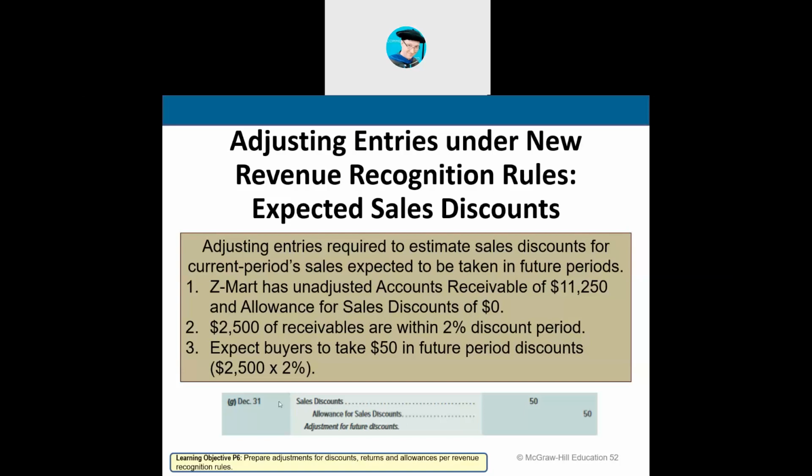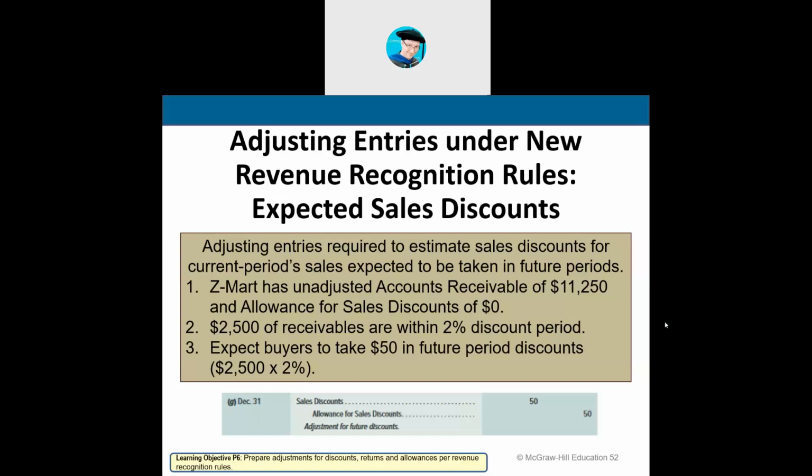I have a question, Professor. Yes, please, Alexis. With them having the allowance of sales discounts for future discounts, are they just looking at, if they put this discount out there, what profit can they bring? The reason we have an allowance for sales discounts is we're estimating that a certain percentage of our customers will take advantage of that discount.